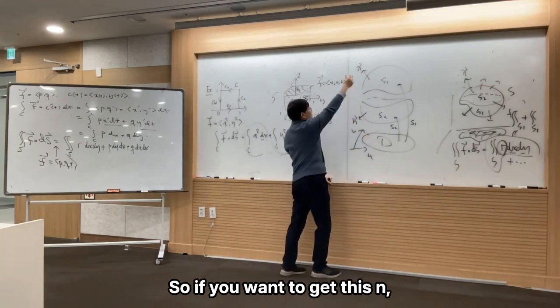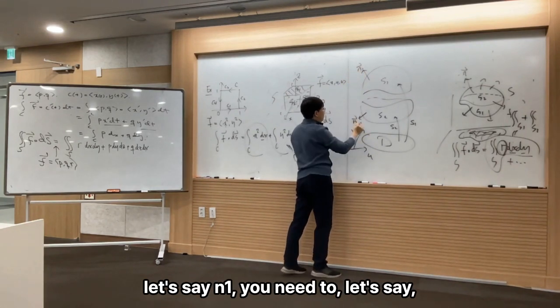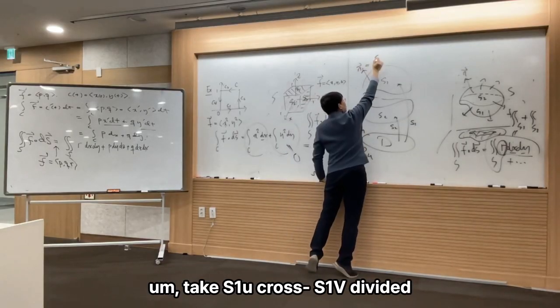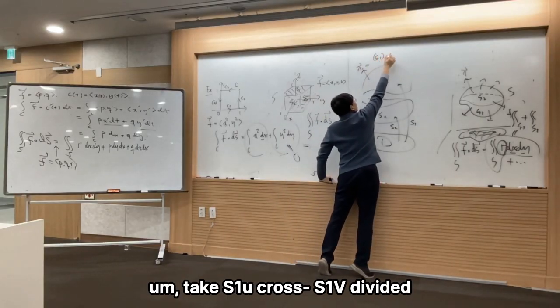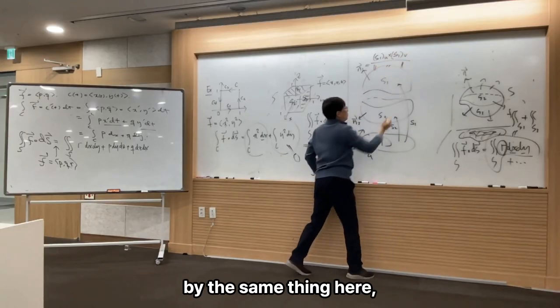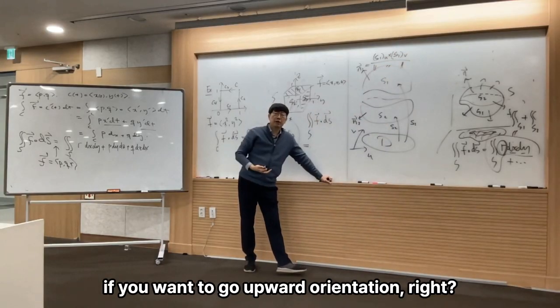Let's say our D lies in the UV plane, and S1 and S2 lie in XYZ space. If you want to get this N, let's say N1, you take S1U cross S1V divided by its magnitude, if you want the upward orientation.